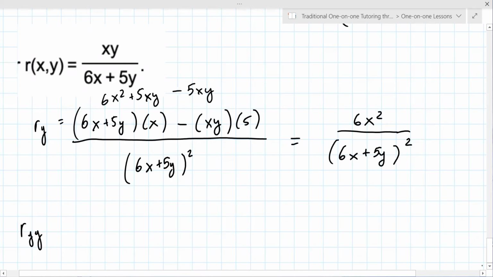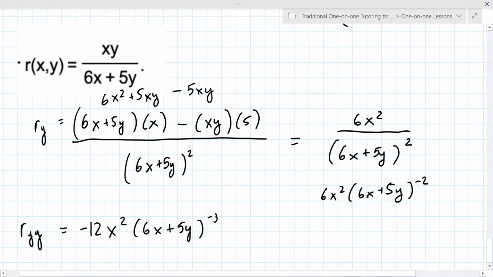Again, this can be rewritten, which I think is very helpful to do, as 6x squared times 6x plus 5y to the minus 2 power. Then use power rule, because when you're taking the derivative with respect to y, this right here is just treated as a constant, like it's a number. So it's negative 12x squared times 6x plus 5y to the minus 3.